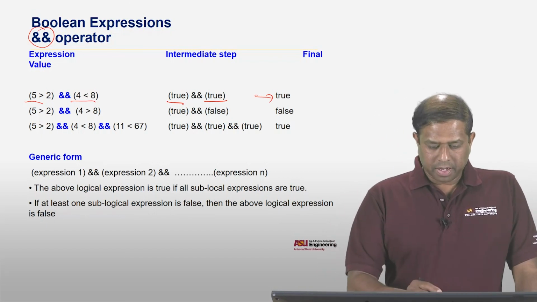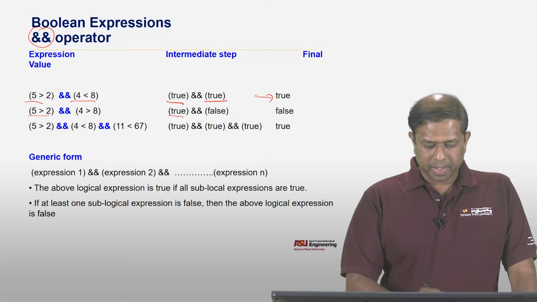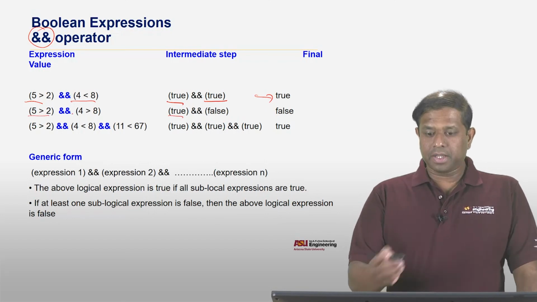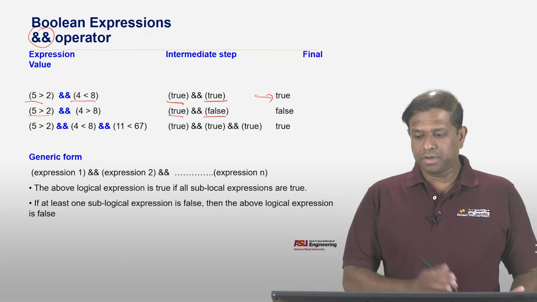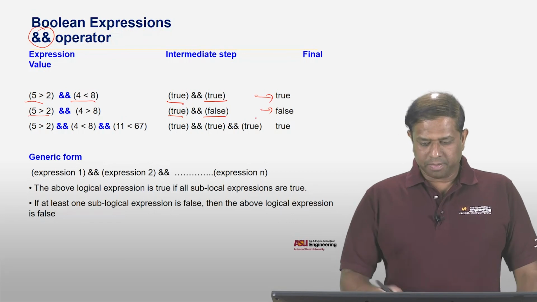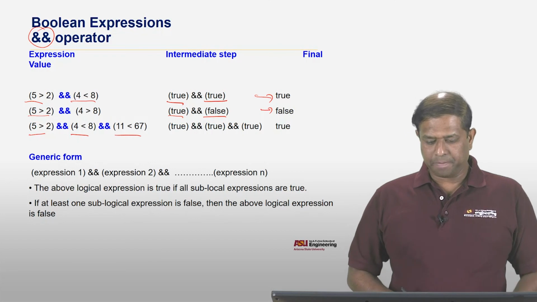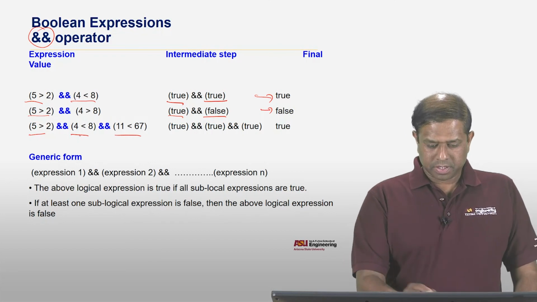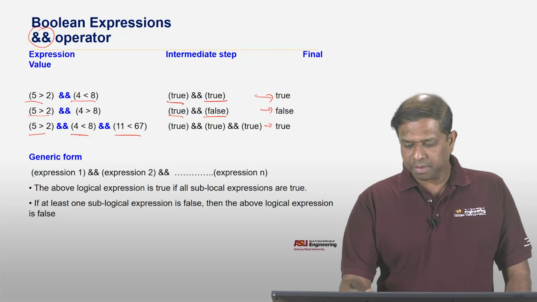Now on the other hand, if I have 5 greater than 2, that is true, and 4 greater than 8, we know that 4 greater than 8 is actually false. So then true and false is going to give me false, right? Now if I have another expression with 3 separate logical expressions, where the first one is true, the second one is true, and the third one is also true, therefore the final outcome is true, right?